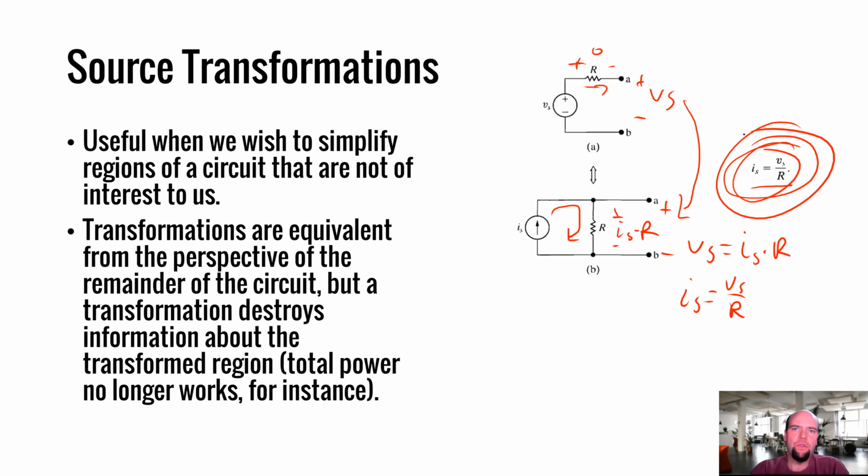You've destroyed all that information about the original circuit. You can no longer make claims about the original circuit. The only thing you can still make claims about is the portion of your circuit that you left untouched. So source transformations only are useful for determining things about the parts of your circuit that you don't transform, oddly enough. And you'll see that show up later on here.